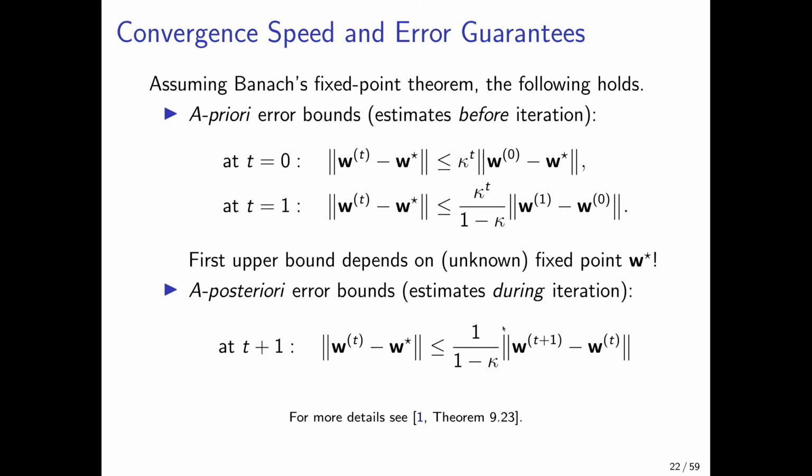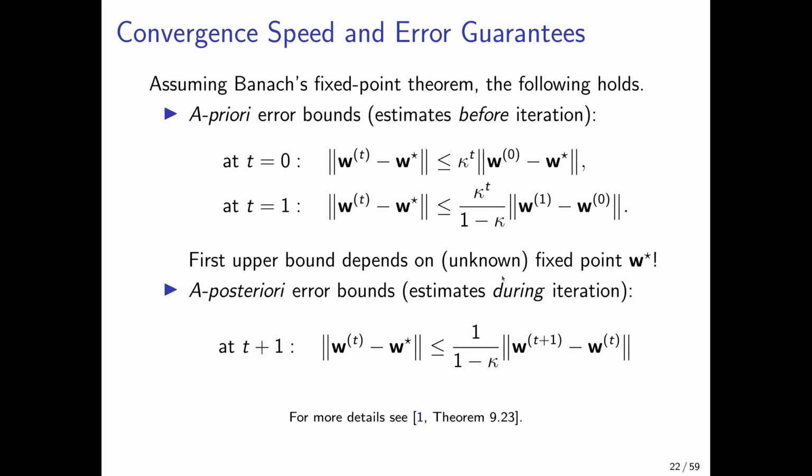And in this situation of Banach's fixed point theorem, we have the following error bounds hold. And so first of all, we have a priori error bounds, and secondly, we also have a posteriori error bounds. So a priori means we have some error bounds before essentially doing anything.